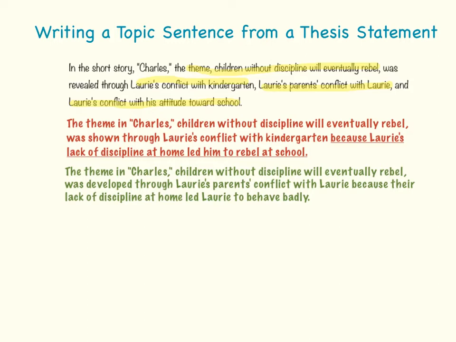Alright, sounds pretty good. Once again, I have a very clear direction of which way I'm going if I'm writing this paragraph, and if I'm the reader, then I know exactly what this paragraph is going to prove to me. There is one more thing that we could revise in this topic sentence. Any guesses?